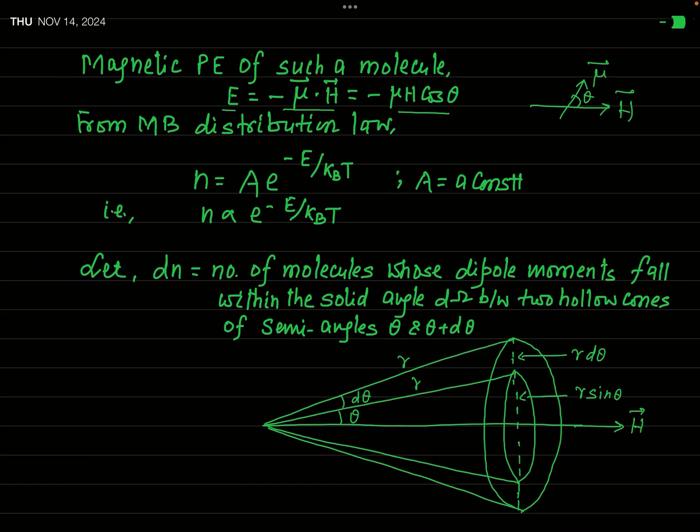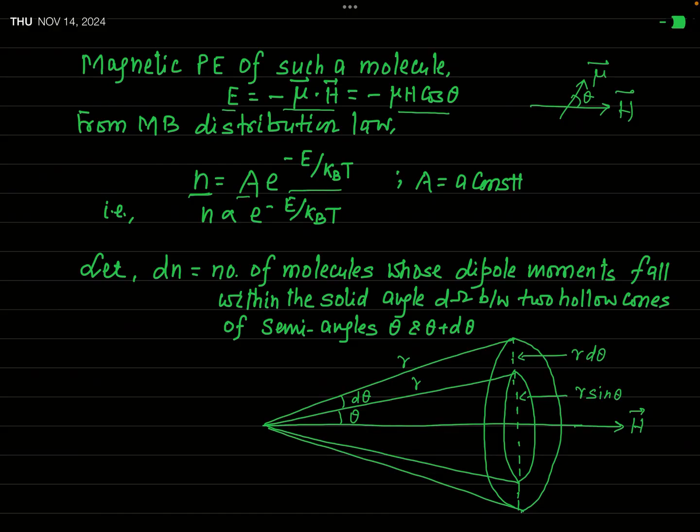According to it, the number of molecules or atoms having energy E at temperature T is given by A times exponential to the power minus E divided by Kb times T. Here E is the energy of each molecule and Kb is a well-known universal constant, the Boltzmann constant.